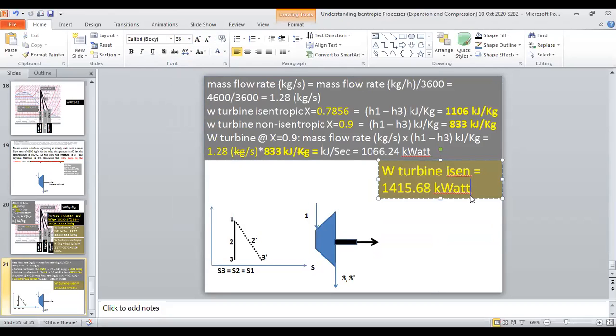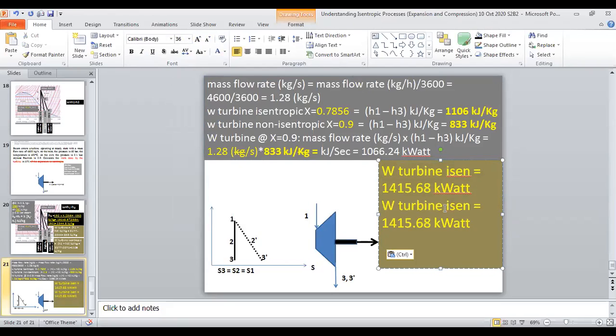See, W turbine isentropic is this, but W turbine non-isentropic here is 1066.24.